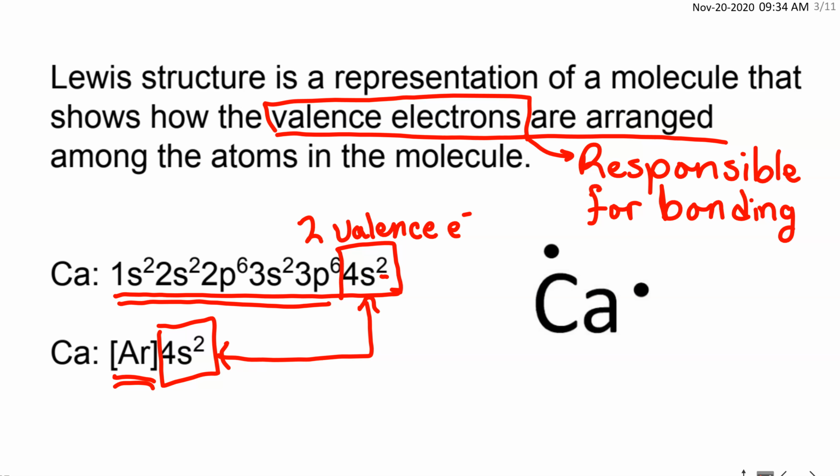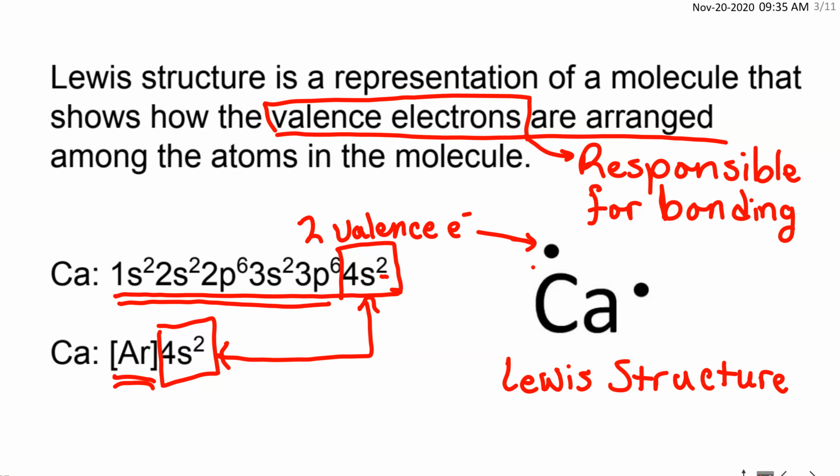Now over here, this little dot diagram is called a Lewis structure, named after Gilbert Lewis. A Lewis structure uses dots to represent the valence electrons. Since calcium has 2 valence electrons, it gets 2 dots.